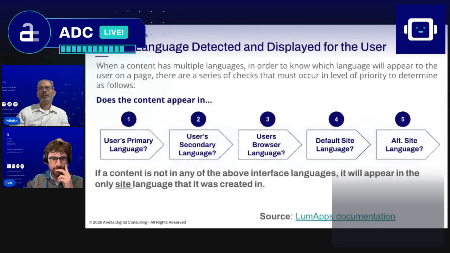So how is language detected and displayed for the user? That goes back to the second question we asked. It's a thought-provoking question with a lot of logic behind the scenes. Assuming the content was created in multiple languages, in one of the languages available on the site in the site settings, LumApps will ask the following things to determine in which language the user will see the content. First, is the user's primary language set in their LumApps user settings?